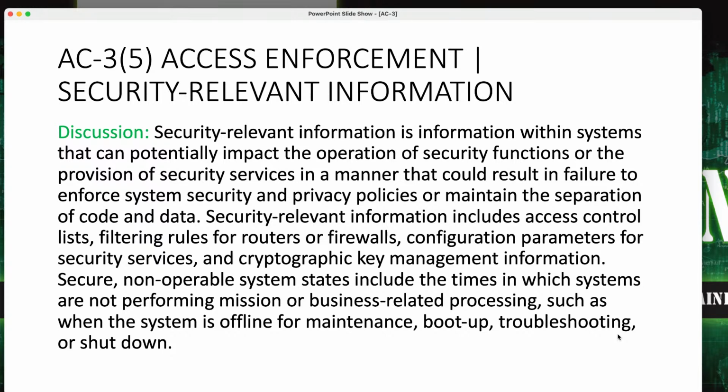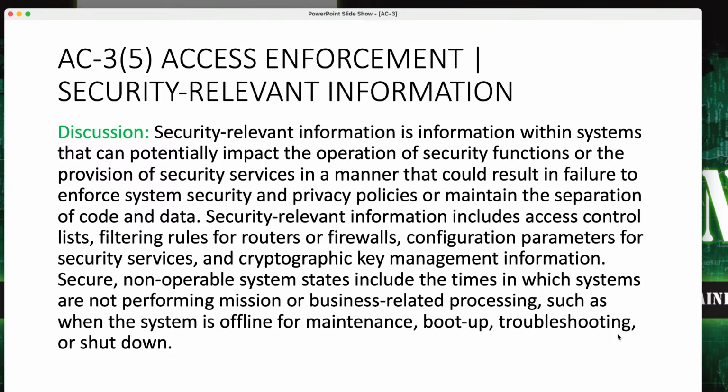Our last control, last enhancement we're going to talk about today is AC3 Enhancement 5, Security Relevant Information. So it's important. We can think about what is security relevant information and how are we going to protect it.